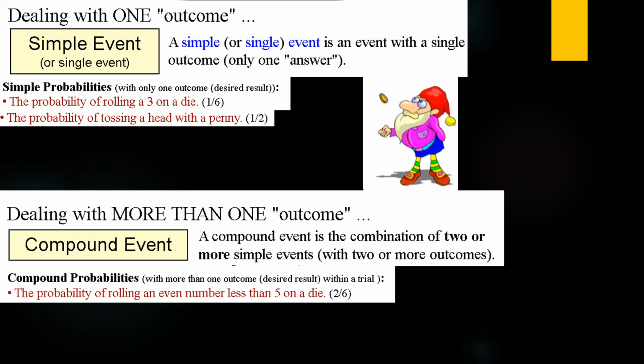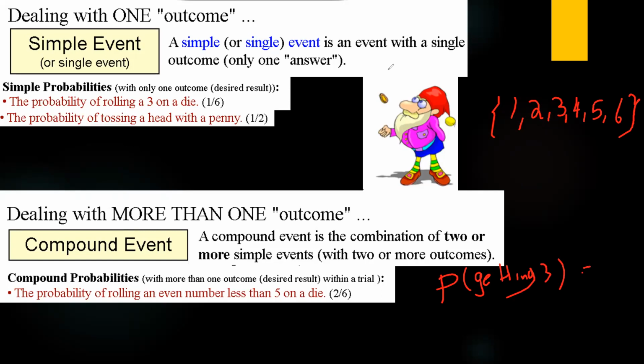Such as, if I have a number cube, we know that the outcomes on the number cube are 1, 2, 3, 4, 5, and 6. Now, if I ask you what is the probability of getting the number 3, what would you tell me?